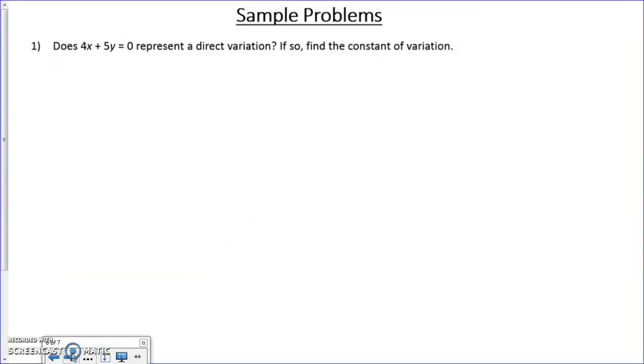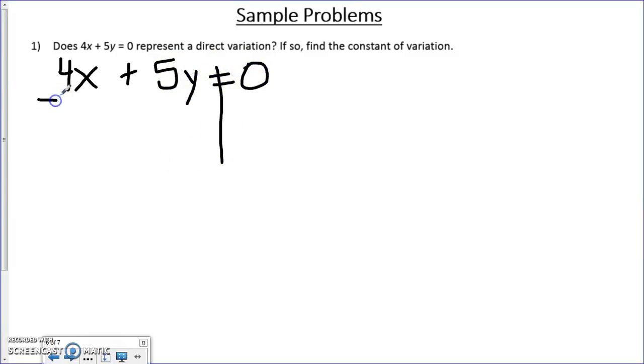So let's look at a couple sample problems. Does 4x plus 5y equals 0 represent a direct variation, and if so, find the constant of variation? So we need to first solve this equation for y. First thing we're going to do here is subtract 4x. This is similar to solving literal equations back in chapter 2.